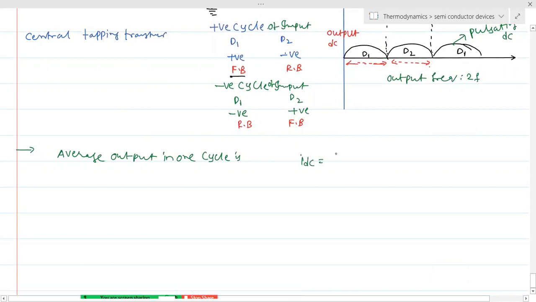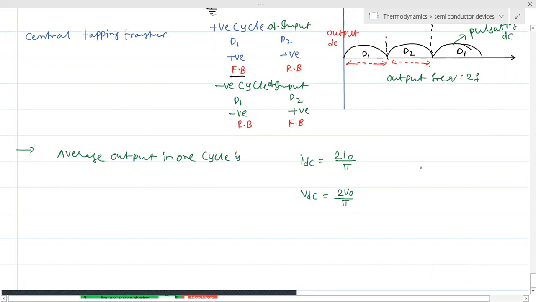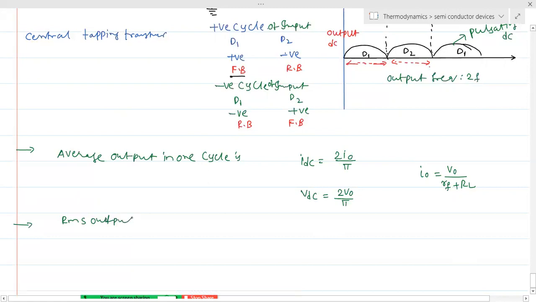IDC is equivalent to 2 I0 by pi, and VDC is equivalent to 2 V0 by pi. Here I0 we already know: the output voltage divided by the total resistance, that is Rf plus RL. Also we will think of the RMS output. Generally these things we learn in AC circuits. IRMS is equivalent to I0 by root 2 and VRMS is equivalent to V0 by root 2.